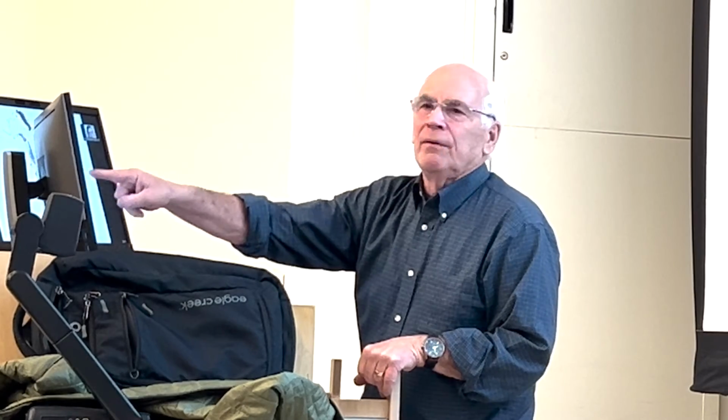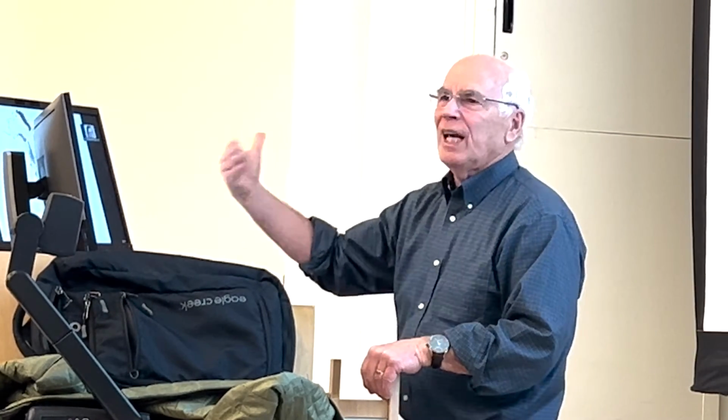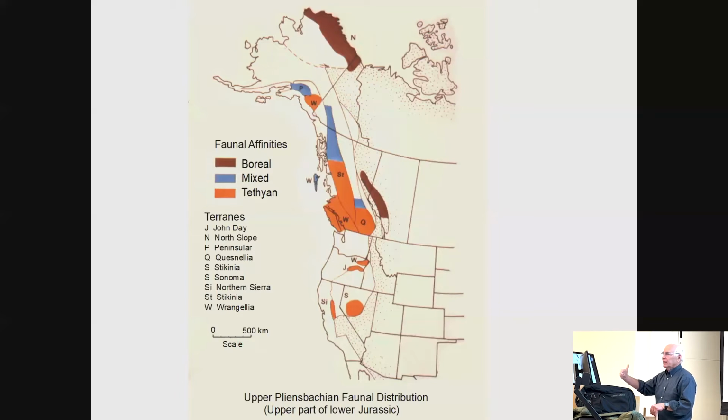And we found in the Mediterranean area, from the area of the old Tethyan Sea, there were low latitude ammonites that represented kind of southern climes. To the north, in the brown, in northern Europe, we have boreal ammonites that lived at the higher latitudes. And then the blues represent an admixture of both the Tethyan and the boreal ammonites.